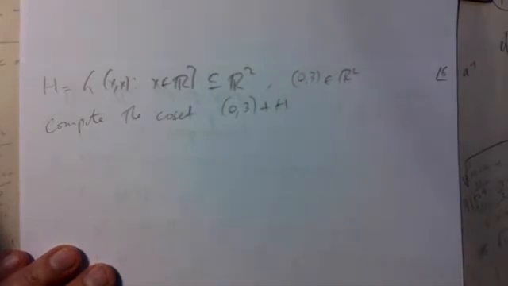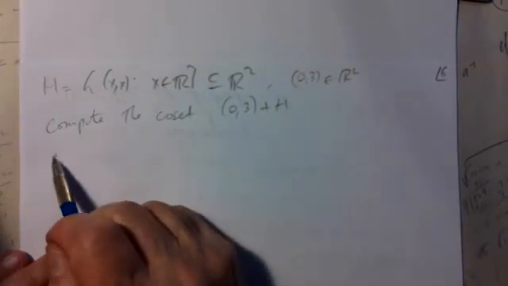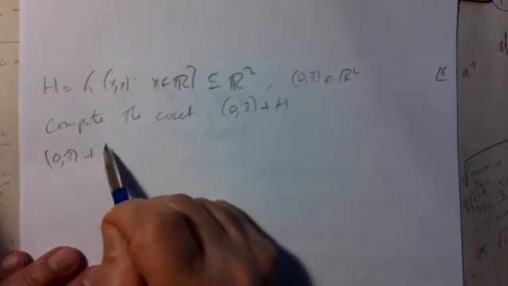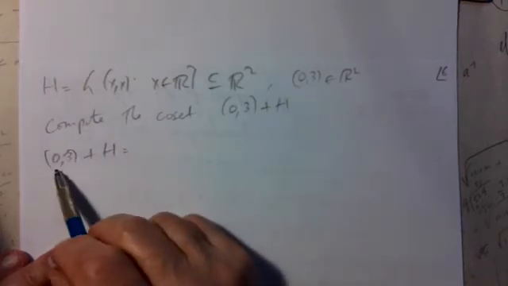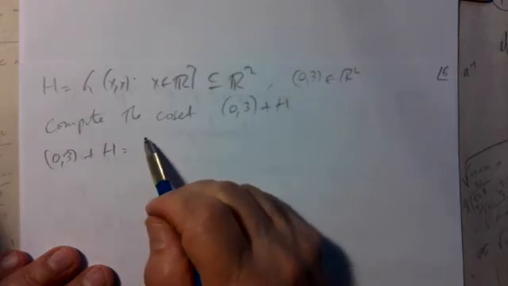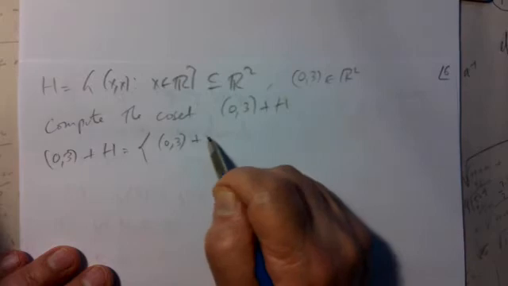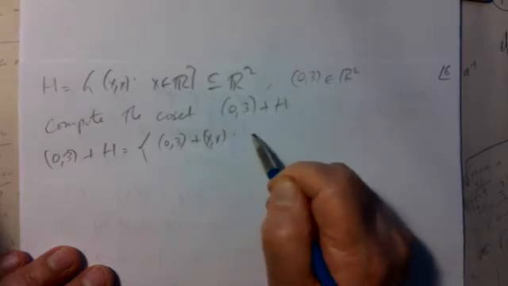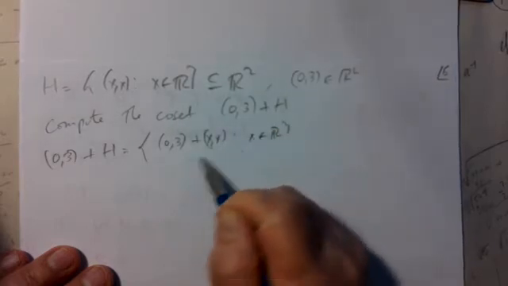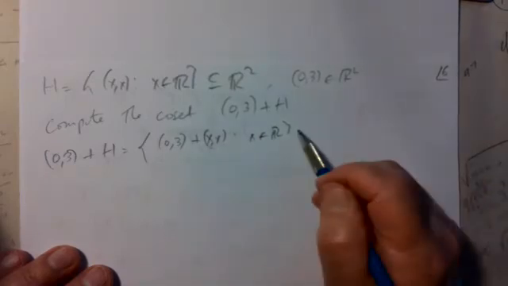What is that left coset? So this means you add (0, 3) to every vector in H. So this is everything in the form (0, 3) plus (x, x) for all x in R, because these are all the vectors in H.